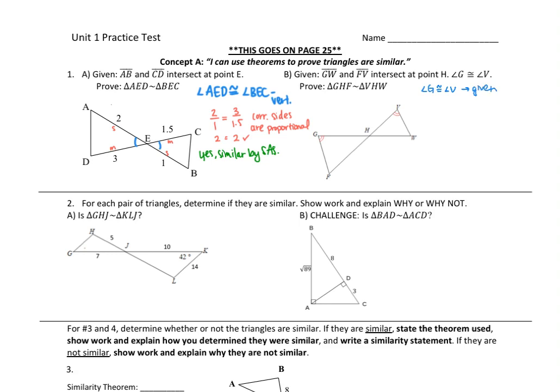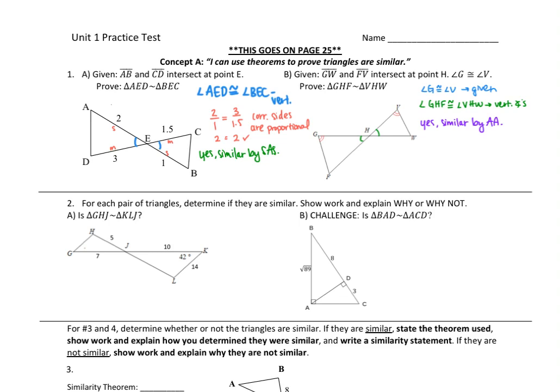And just like the previous one, we have this angle, which I'm going to call angle GHF, is congruent to angle VHW, and the reason is they're vertical angles. So that shows me that two angles are congruent, so we would say yes, similar by angle.